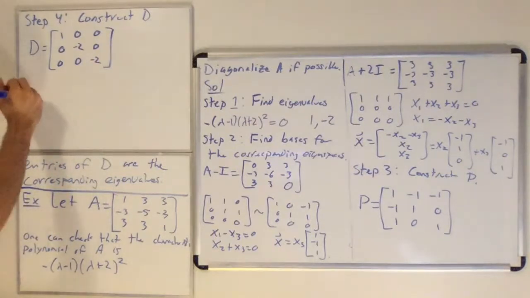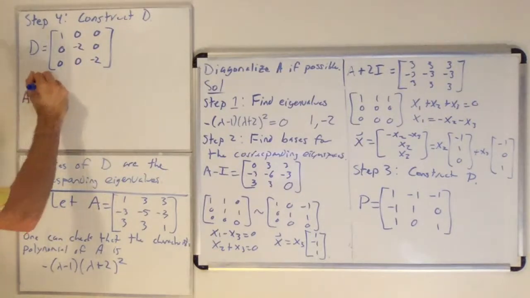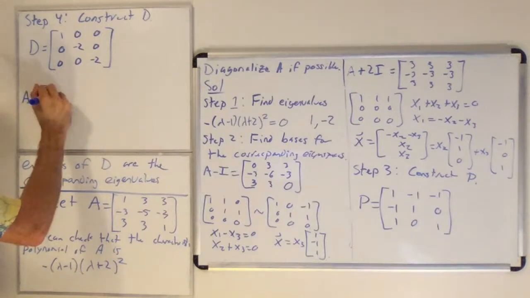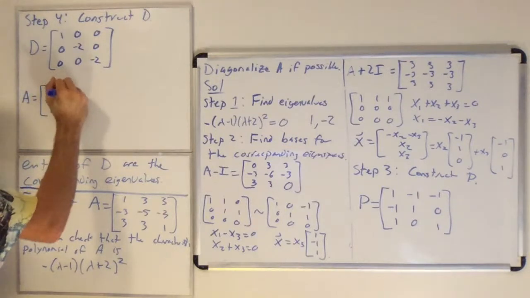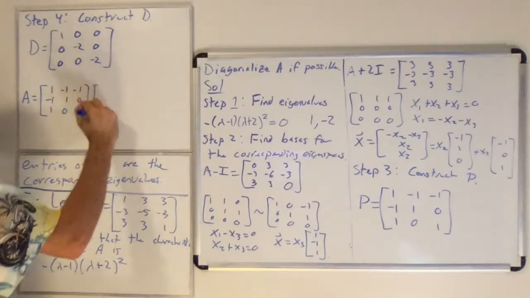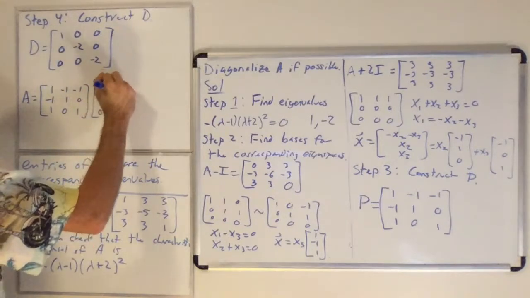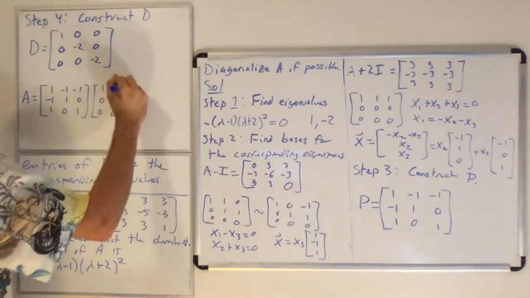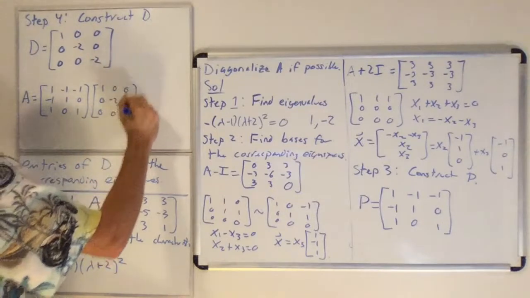Okay, and so you could check that A equals the matrix with columns (1, -1, 1), (-1, 1, 0), (-1, 0, 1), times the diagonal matrix with 1, -2, -2.